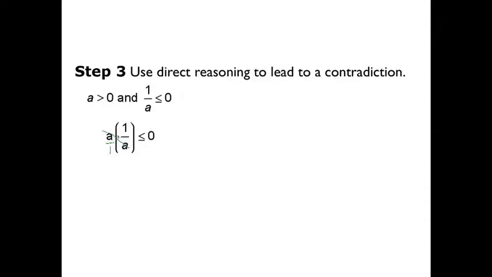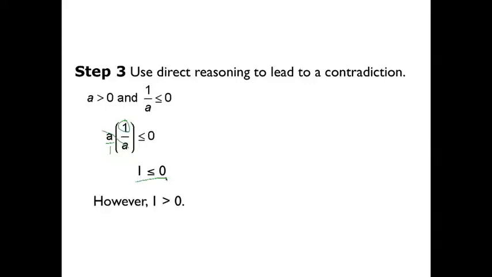They're gone, and all I'm really left with is 1. So what I'm saying is, if we have to assume that the reciprocal is less than or equal to 0, then we have to accept that 1 is less than or equal to 0. Well, we obviously know that's false. 1 can't be less than or equal to 0. 1 has to be greater than 0.